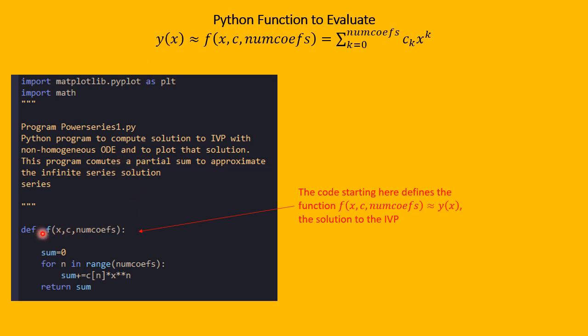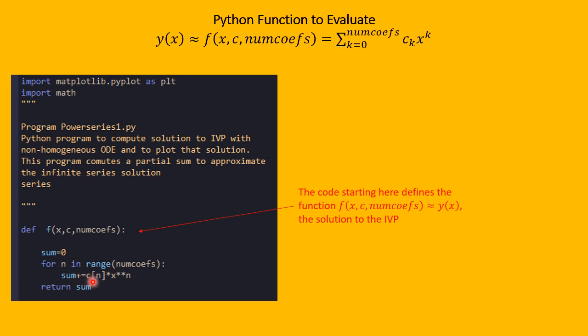So we define f of these three parameters to be the following by this code here. I'll first set sum equal to 0, and then here with these two lines we have a for loop. For n in the range num coefficients, that means that n will take on the values 0, 1, 2, all the way through num coefficients minus 1.